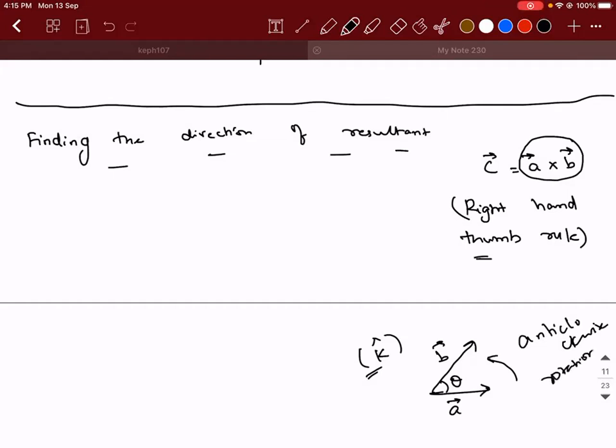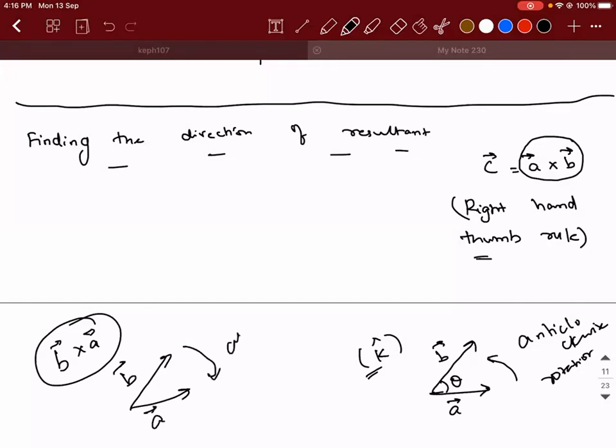Similarly, if I do B vector cross A vector, what would have happened? Clockwise rotation. So clockwise rotation will be into the plane.